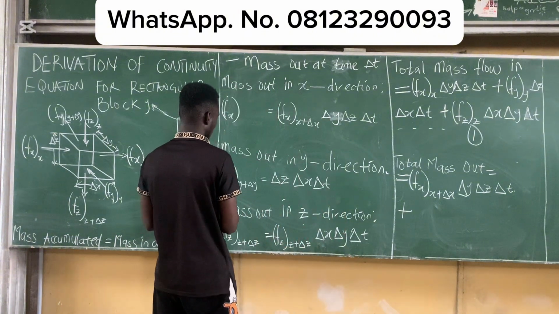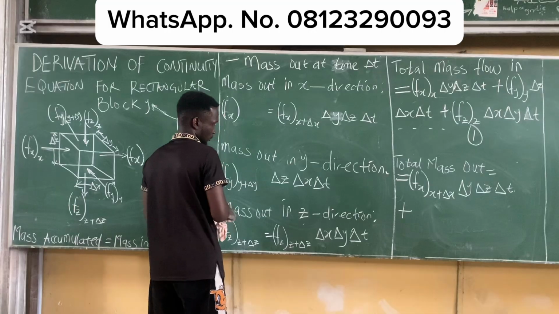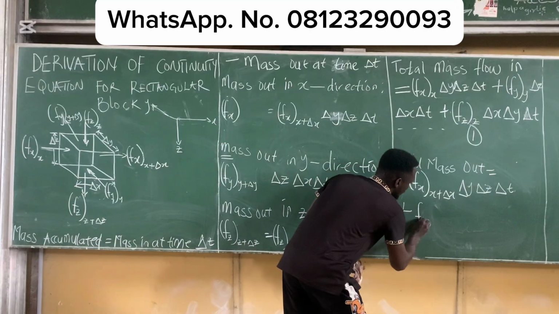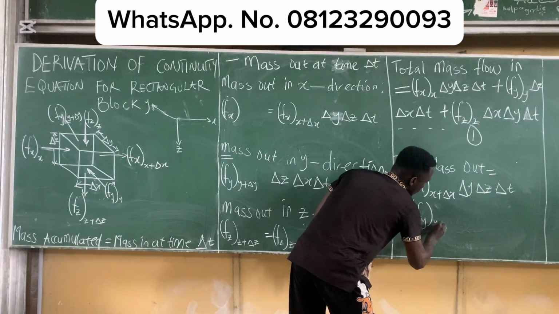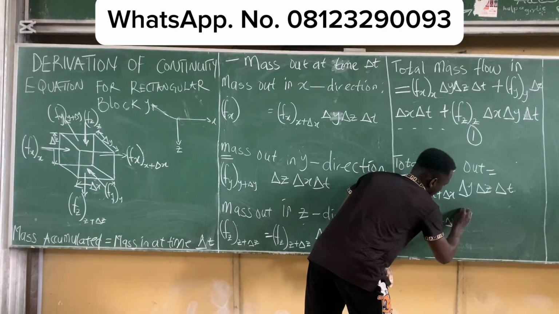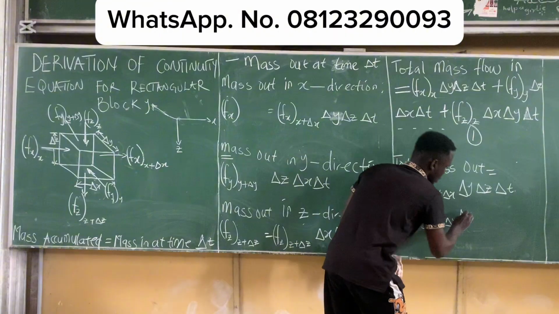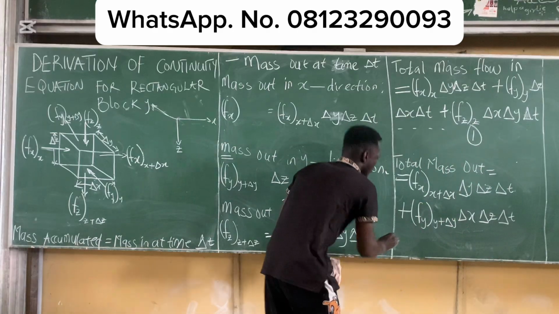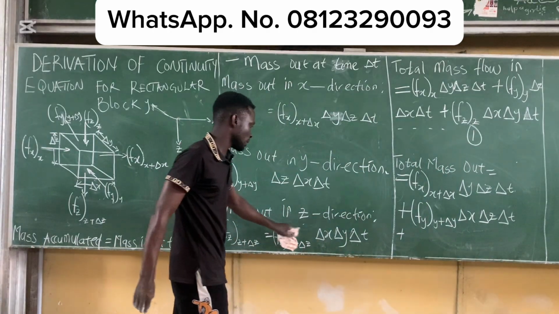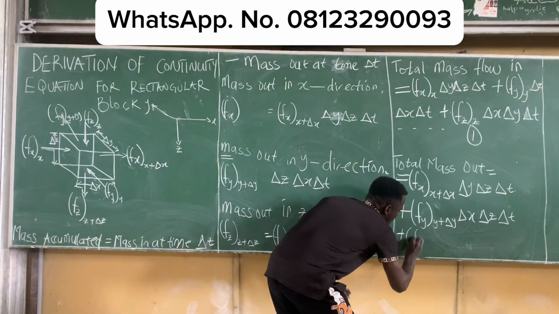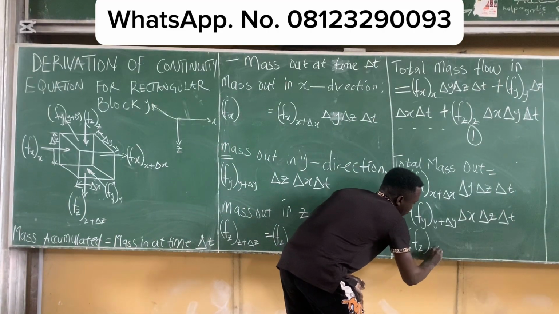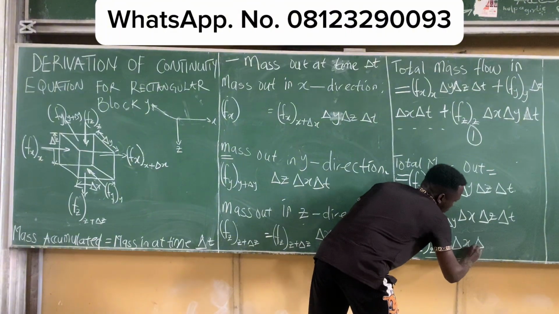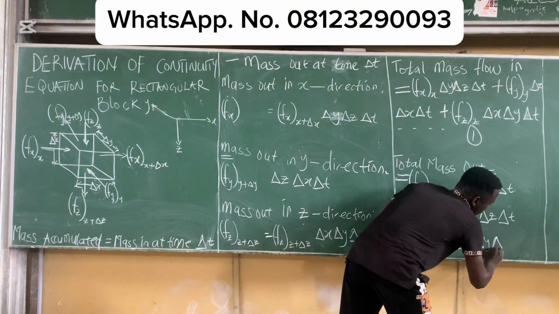It becomes, okay, this will be equal to f of y, y plus delta y, delta x, delta z, delta t, plus mass in z direction, which becomes f z, z plus delta z, dx, delta y, delta t.